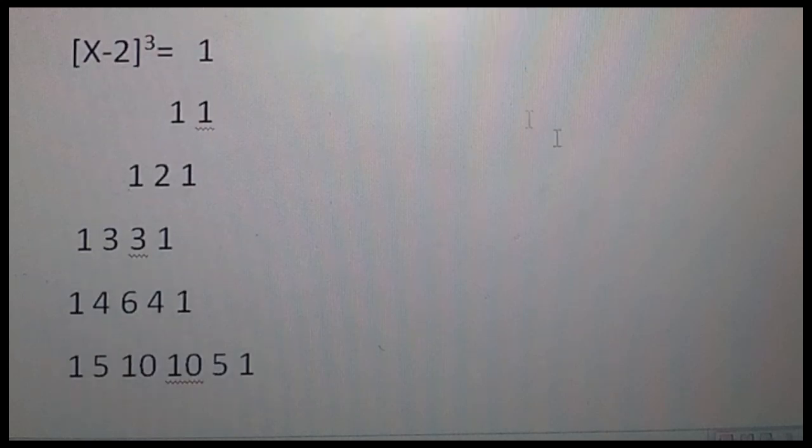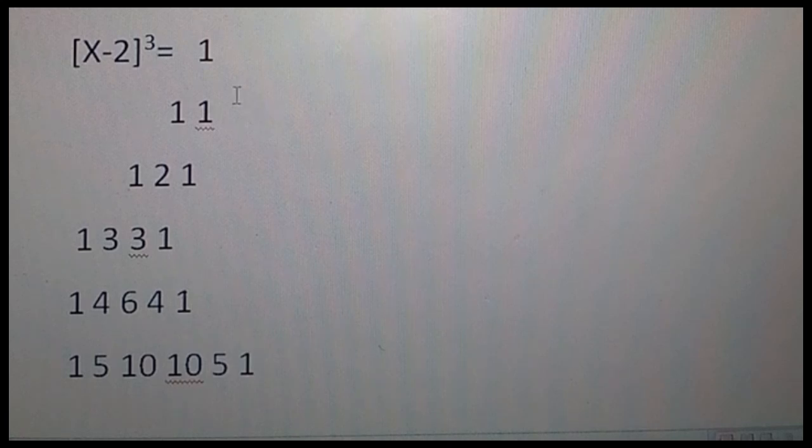So this is Pascal's triangle, starting from 1. Here the rows are 0, 1, 2, 3, 4, 5, and you start with 0. Row 0 gives 1, row 1 gives 1, 1, row 2 gives 1, 2, 1, and row 3 gives 1, 3, 3, 1.